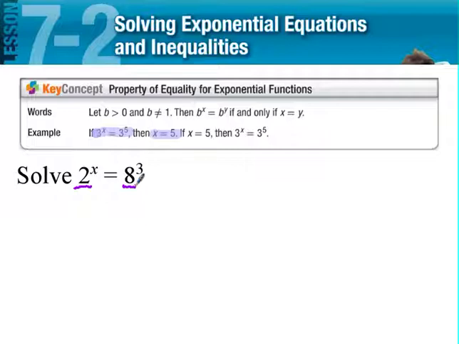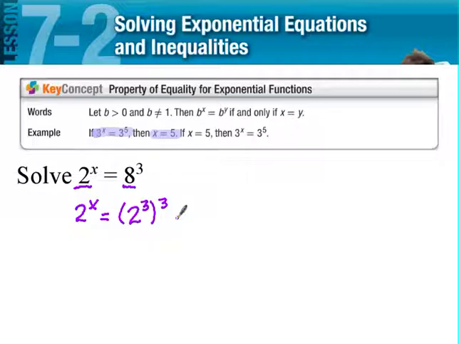Yeah, it's 2 cubed. The reason I picked the 8 is because the 2 is already in simplest terms, the smallest number you have there. And I know that 8 is 2 to the 3rd power because it's 2 times 2 times 2.